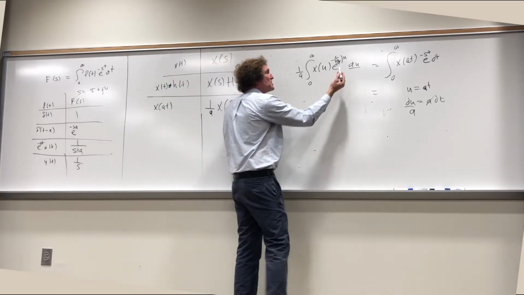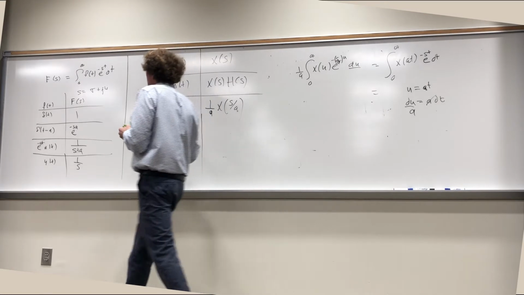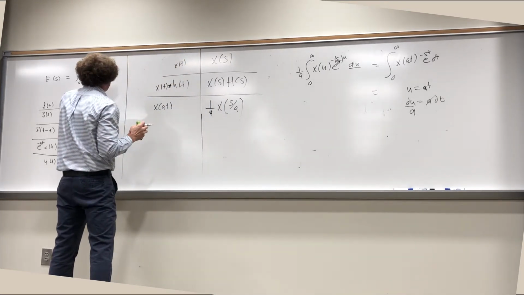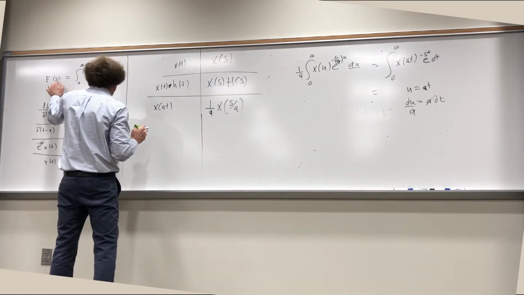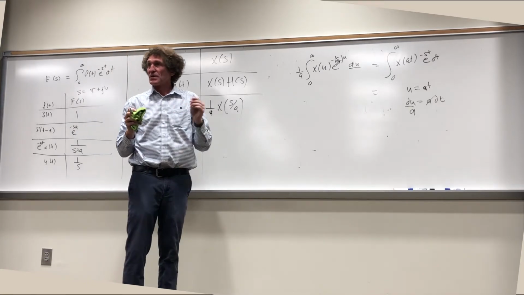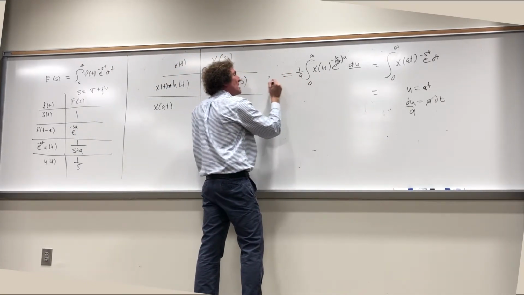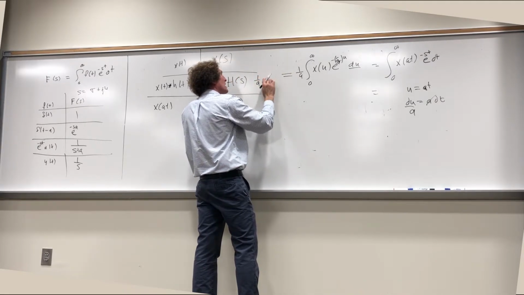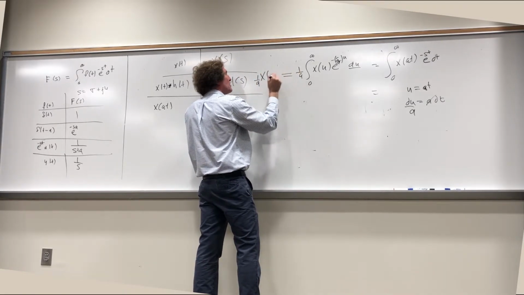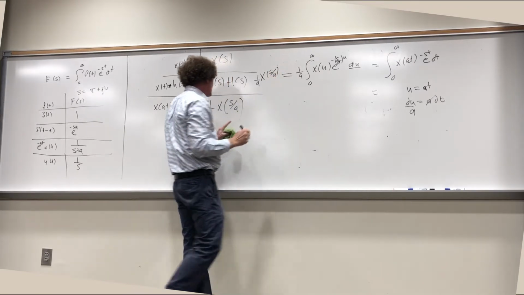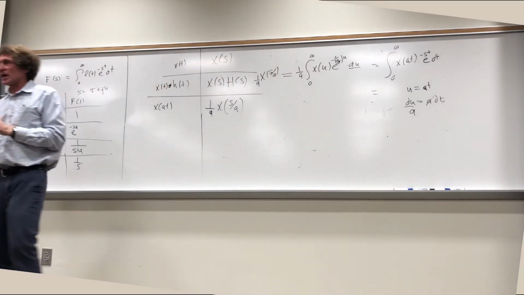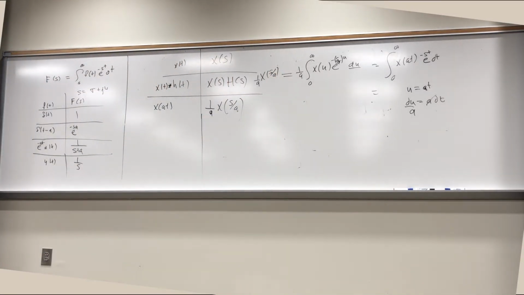Well, the coefficient of u is really just like the coefficient of t. It is the s here, which becomes the operator there, doesn't it, class? So in fact, what this is is the transform: 1 over a times X of s over a. And that's what I have here. So this is scaling. Are you with me?